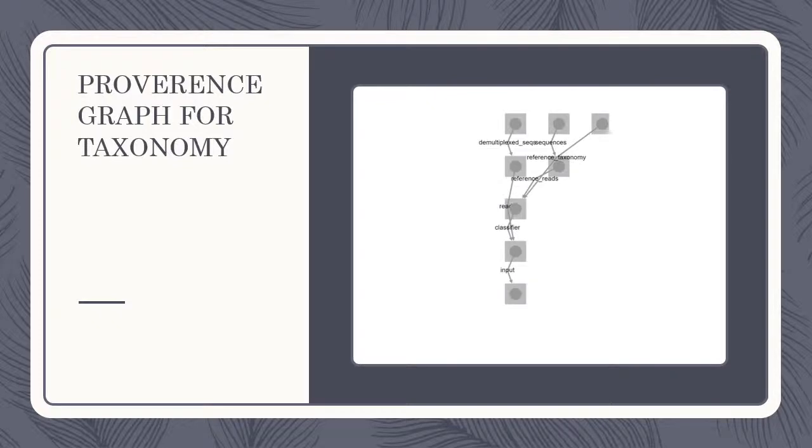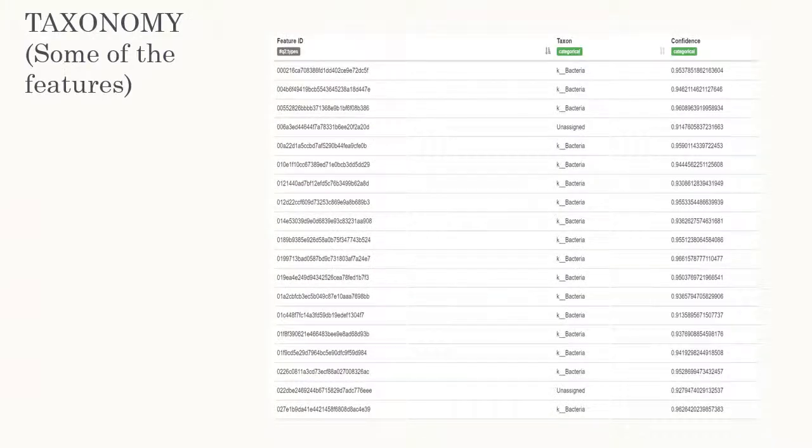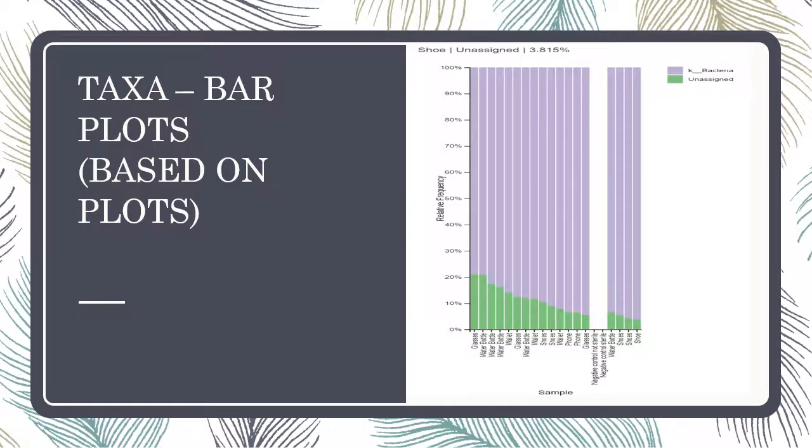Here, the next step is assigning the taxonomy. So that's the provenance graph for the taxonomy. When the features were classified, we have got two kinds of bacteria. One is the K bacteria and the other one is unassigned. Talking about the item types, we see that the K bacteria has the maximum distribution, and the unassigned is quite less as compared to the K bacteria.